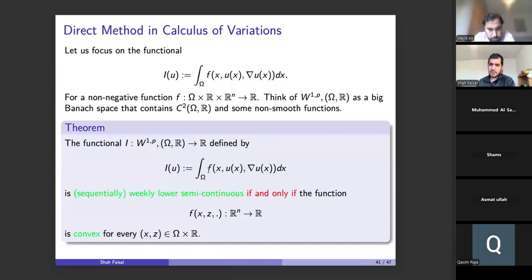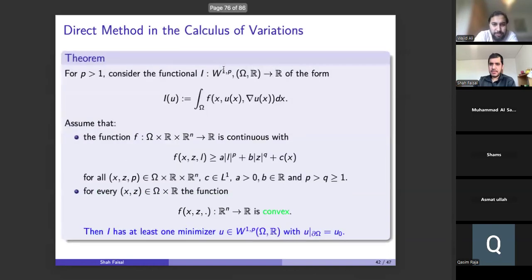Now, there are theorems saying that this functional is lower semi-continuous if and only if the integrand is convex. So if you start with a functional where the small f is convex, then this functional would be lower semi-continuous. And this is one of the necessary conditions for this functional to have a minimizer. It just tells you how convex analysis enters the picture of variational calculus.